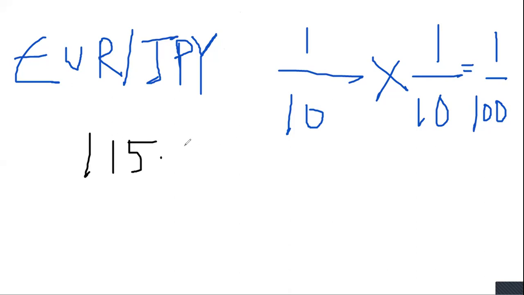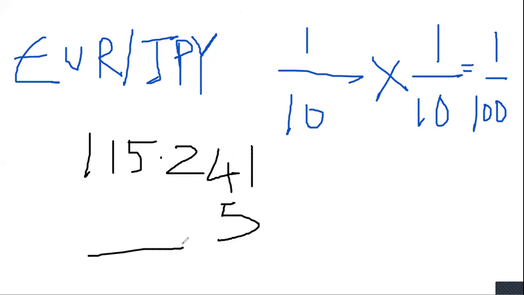For 115.241, if I add 5 pips to this, that'll be 4 plus 5, which is what? That's 9. 2 comes down, so 115.291.